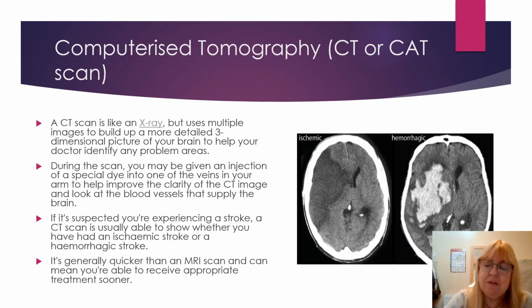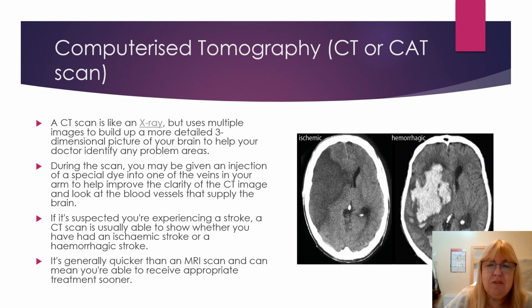So, looking at the different types of brain scans, one of them is generally known as a CT or a CAT scan. You may have heard of that in hospital dramas. It's computerized tomography, but generally known as a CT scan. It's like an X-ray, as you can see from the images here, but it builds up multiple images, so it becomes a bit more three-dimensional than an X-ray, which is just a flat seeing through to the bones.